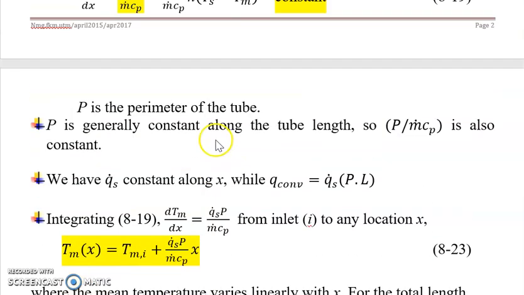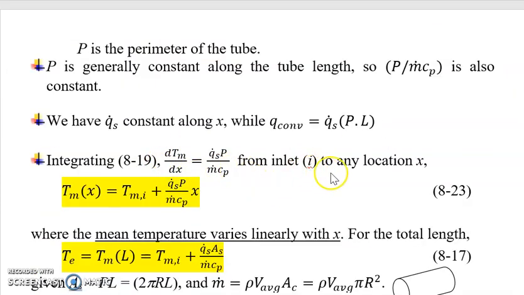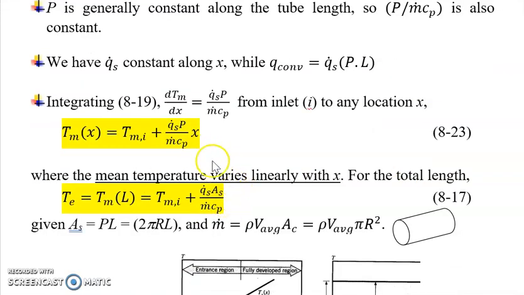So integrating 819 from inlet to any location X along the channel, we get 823, where you can see here the mean temperature varies linearly with X for the total length. So if the length is L, it depends on AS, the surface area, which depends also on the location.